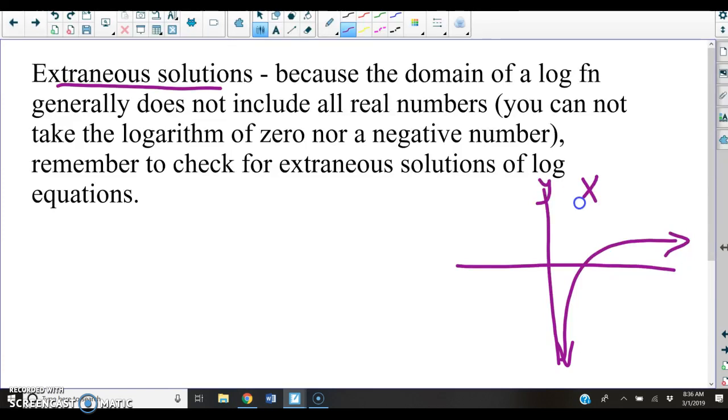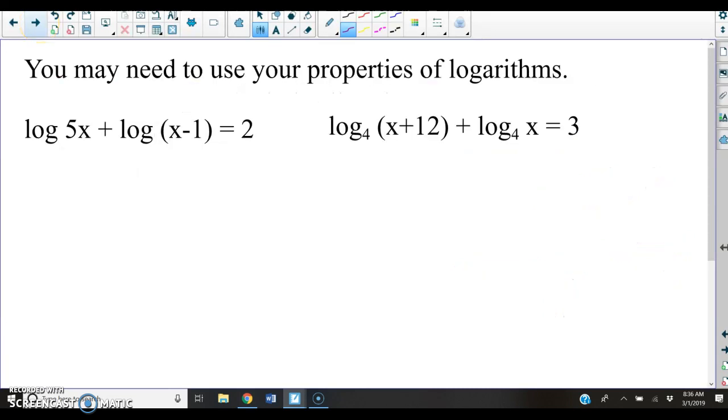So that tells you that x has to be greater than 0. The domain does not include all real numbers because you could not take the logarithm of 0 or a negative number. So always remember to check for extraneous solutions. Those other two were linear, probably not a worry.